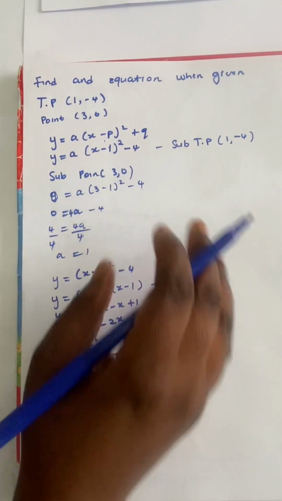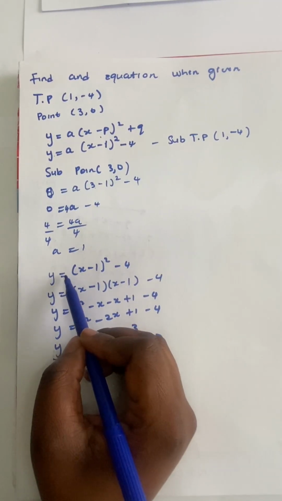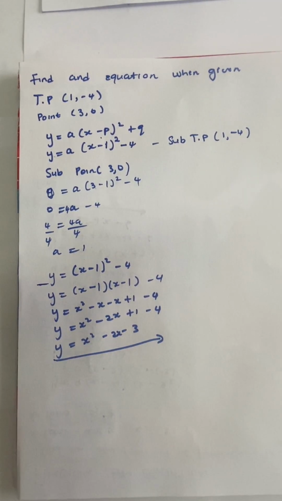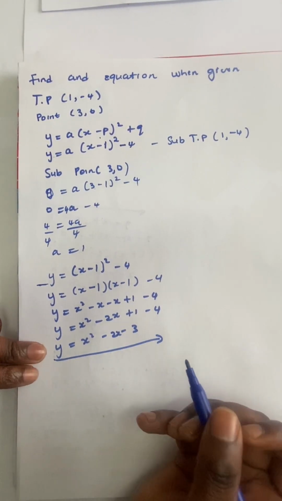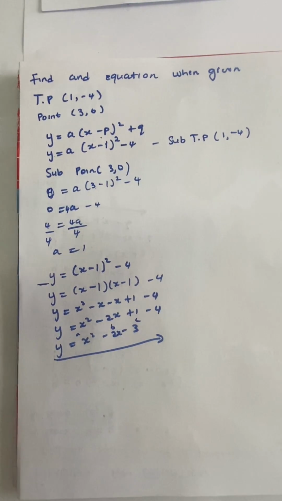You substitute back, find the value of a, and then after finding the value of a, you go back and substitute it, and your equation comes out. So if they want the equation in quadratic format, you expand this, and it will come out as a quadratic format. This is your a, this is your b, and this is your c.